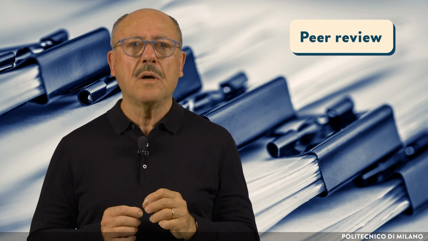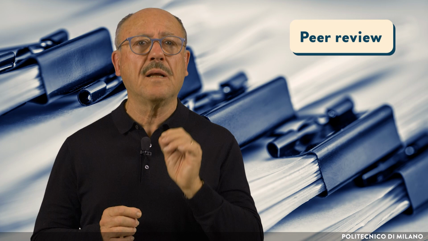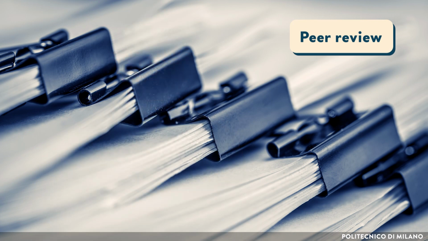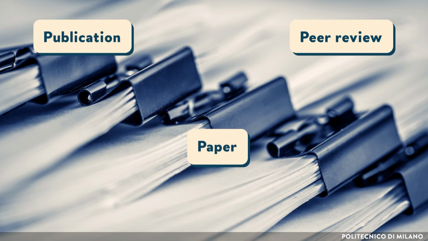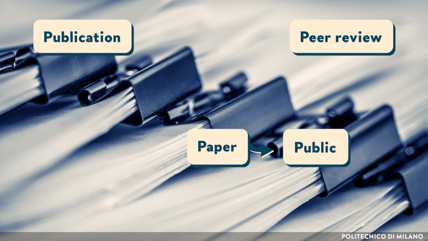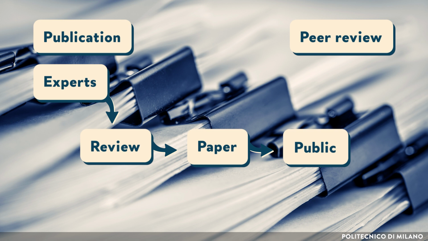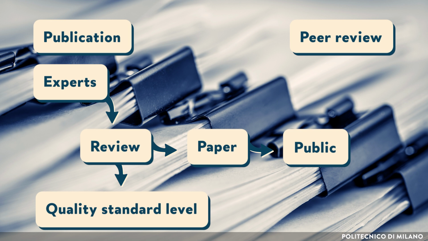The most important way of publishing research results, however, is through publication venues that are based on peer review. Peer review, which will be presented in detail in another lecture, is a cornerstone of the research ecosystem. In the context of publication, it means that a paper is disclosed to the public only after experts in the field, peers, review it to verify that it satisfies a certain quality standard level.